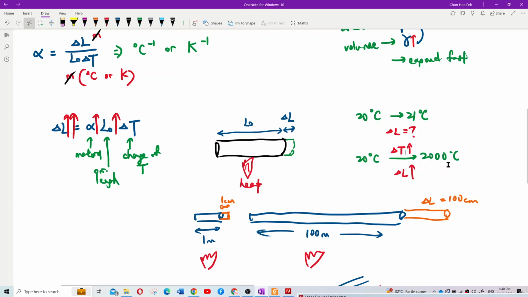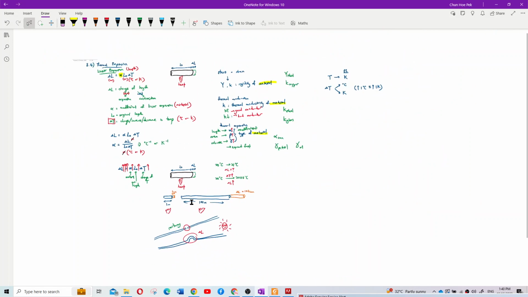But if you heat up with a very high increase of temperature, of course you get more increase of length. Understand? It's very simple, based on these three factors: material, the initial length, and the change of temperature. That all will affect the increase of length. That's the concept.